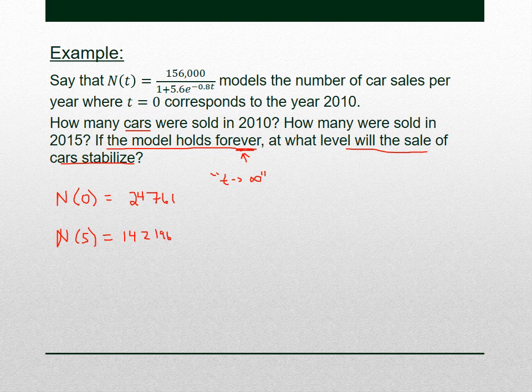That's what that forever thing should tell us. And then it says at what level will it stabilize? So that sort of makes you think, okay, it's leveling off, there's a maximum. That sentence, if the model holds forever, at what level will it stabilize? That's where you say, this is logistic growth. I know that that's the numerator. So the answer for there, you don't have to say anything other than it's the numerator, and then box that.